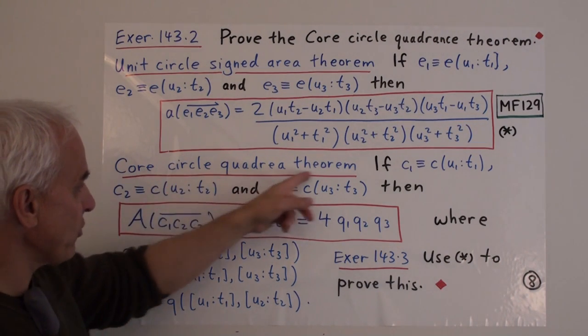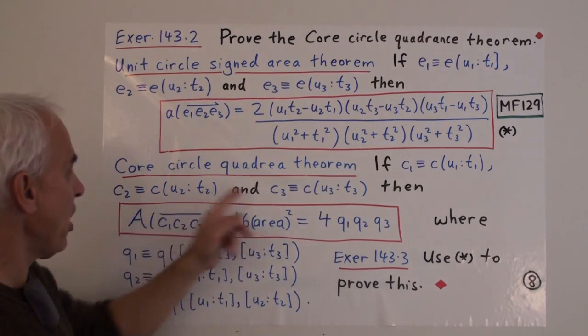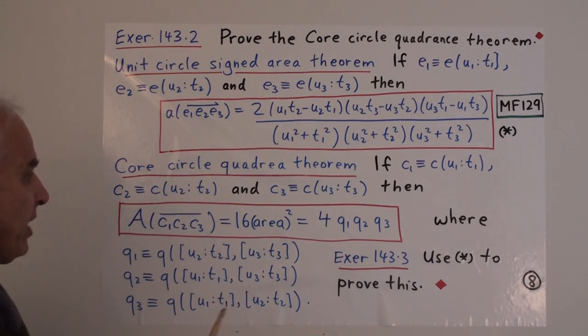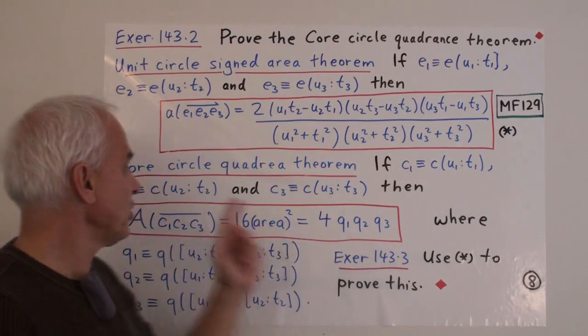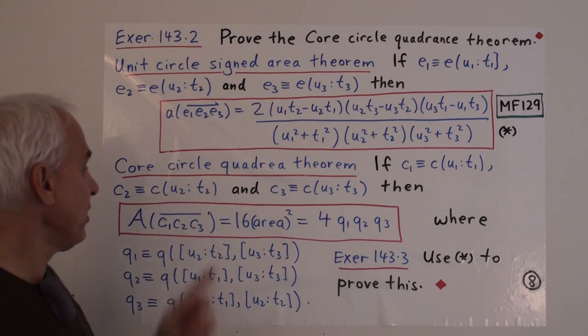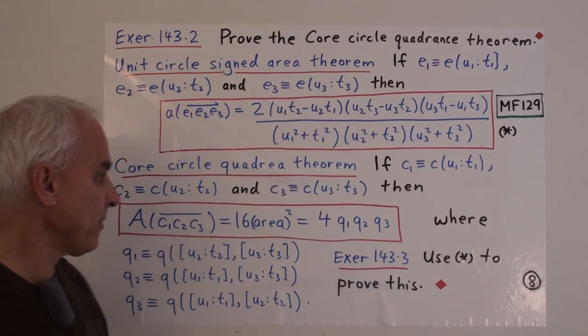The core circle quadrea theorem. We have 3 points on the core circle, C1, C2, C3, given by parameterizations just as before, U1, T1, U2, T2, U3, T3.